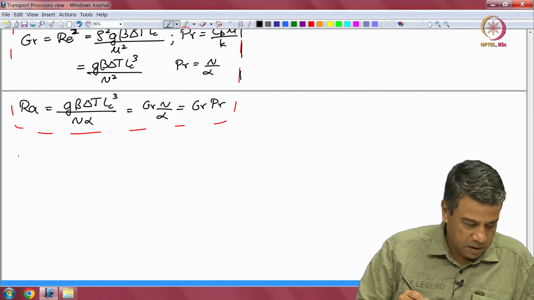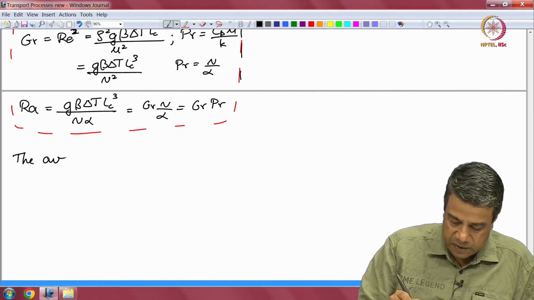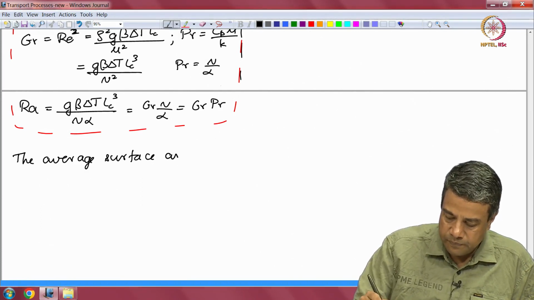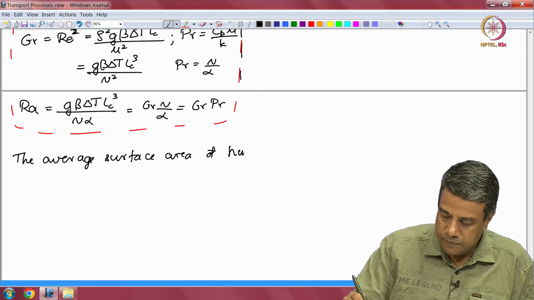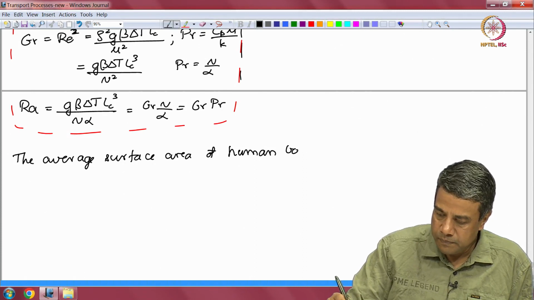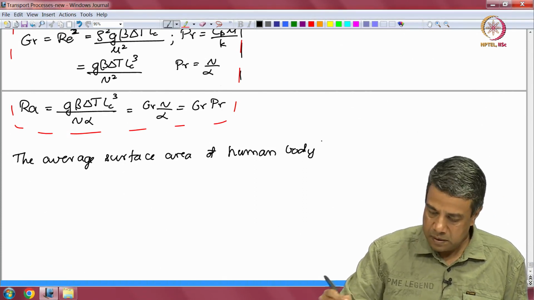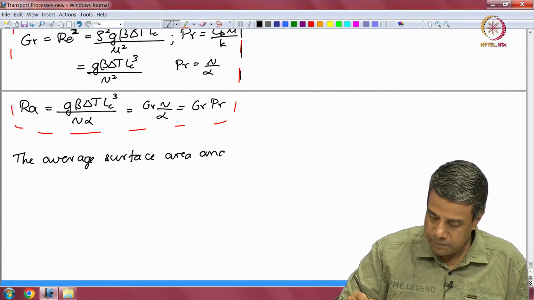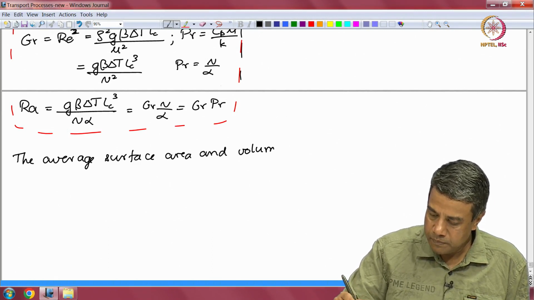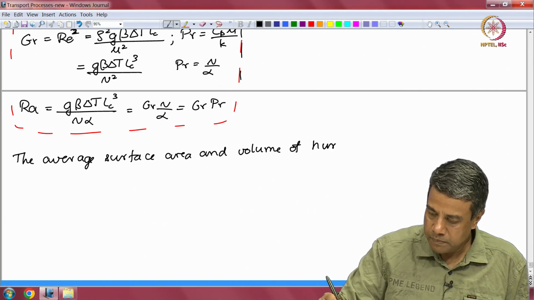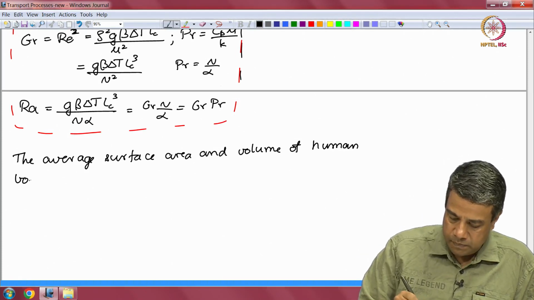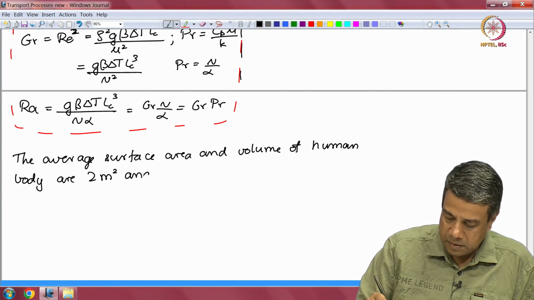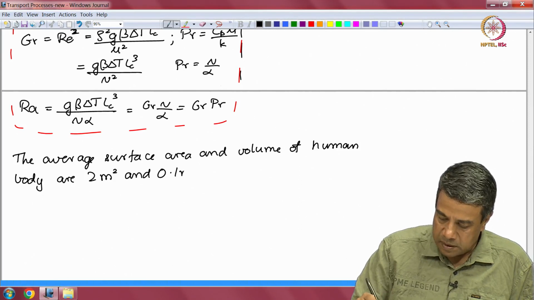The average surface area and volume are about 2 meters square and 0.1 meter cubed.